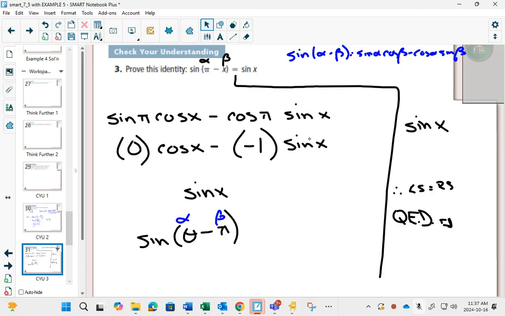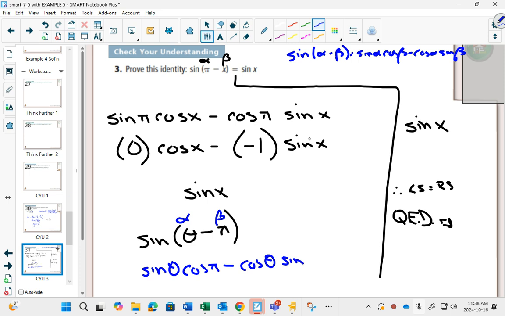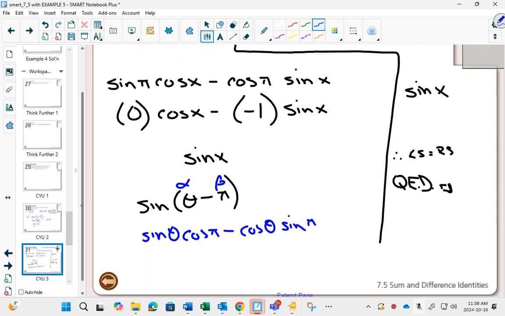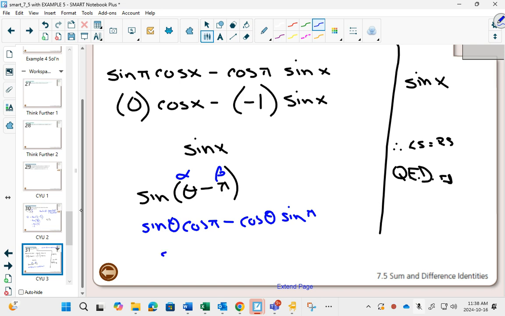Because if I expanded this with alpha minus beta, I would get sine theta cos pi minus cos theta sine pi. And this is sine theta times -1 minus cos theta times 0.